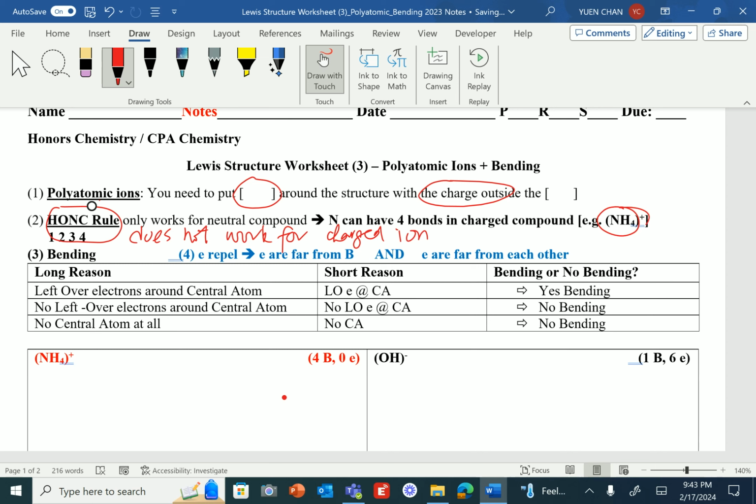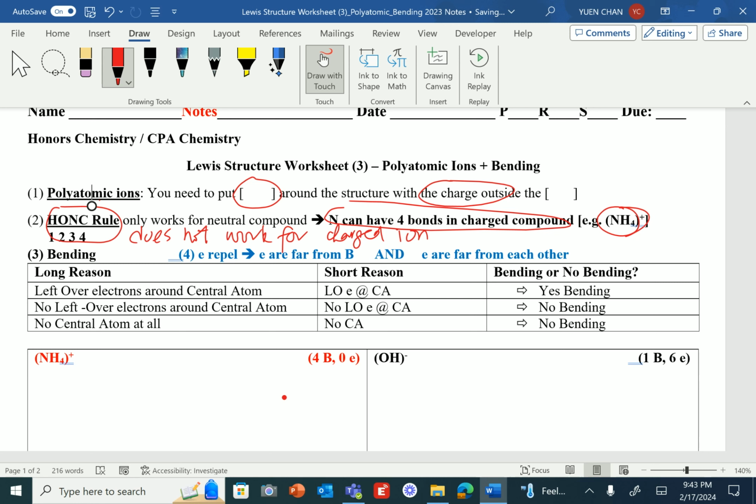So this is a charge. Originally N is neutral and can only form 3 bonds maximum, but this is charged, so the HONC rule is broken. The N will form 4 bonds maximum. So N can form 4 bonds because it's charged. So the rule doesn't work anymore.